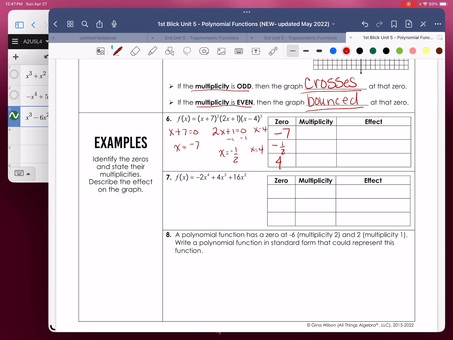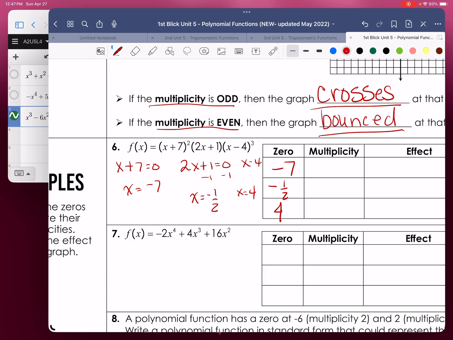Okay, so what are our multiplicities? Now we got to go back up here to our original to find our multiplicities. We're looking for exponents. So the one that's solved down to be negative 7, it has a multiplicity of 2. The one that's solved down to be negative 1/2, it's only one of them, so it has a multiplicity of 1. And the one that's solved down to be 4, well, that has a multiplicity of 3.